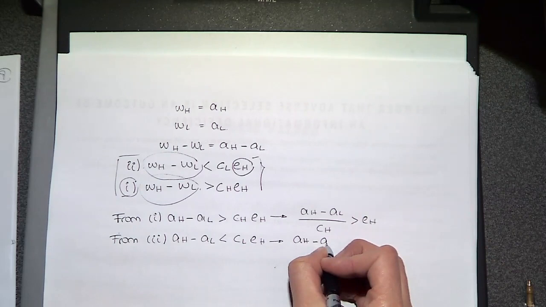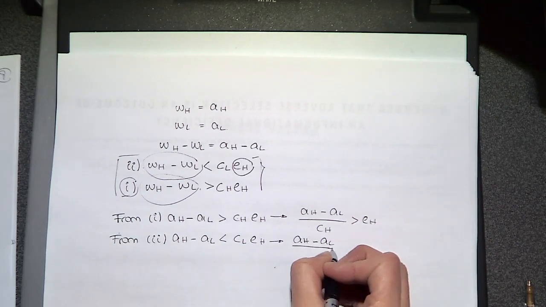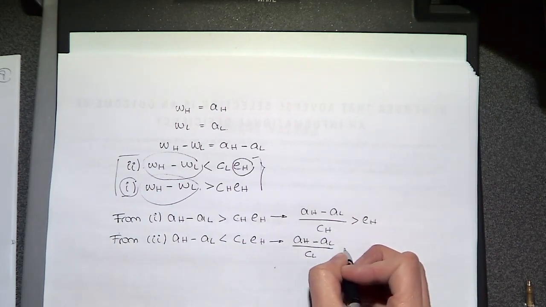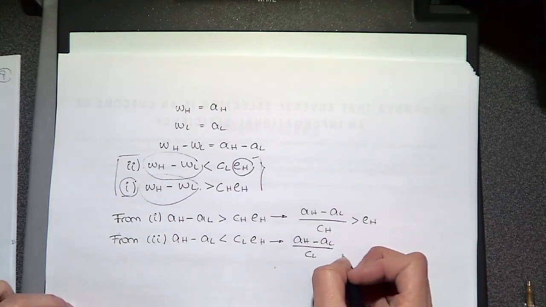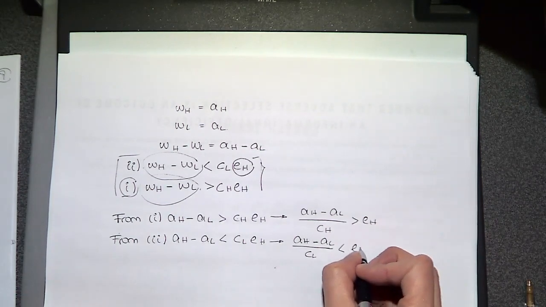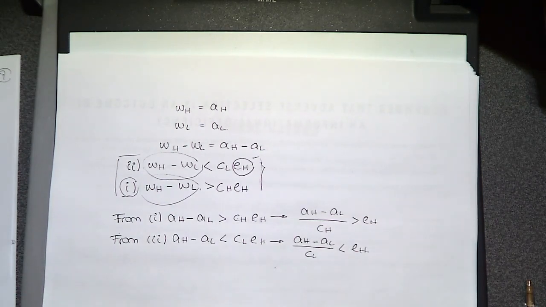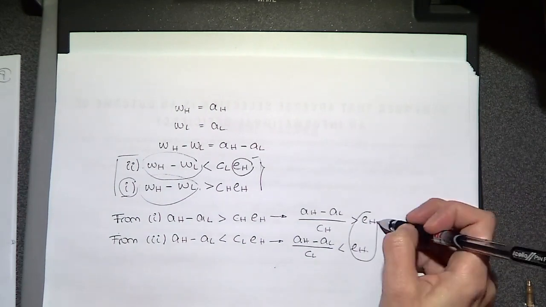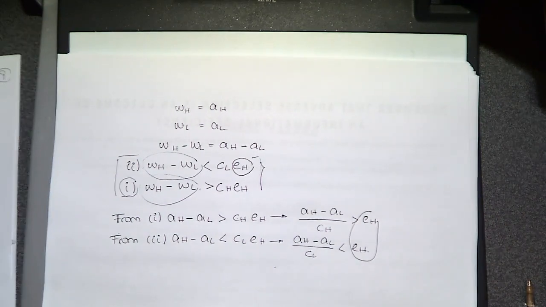So the ratio between the difference between the marginal productivities of labor over the cost for low ability has to be less than the optimal levels of education. So now we just have to put the optimal level of years of education in the middle, okay? And you get to that one highlighted in white that you have in the slide.